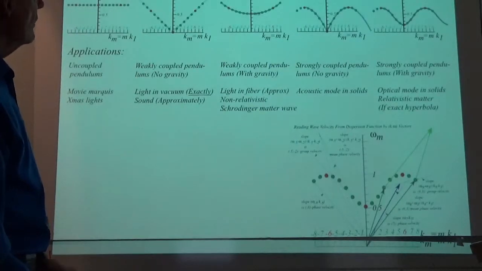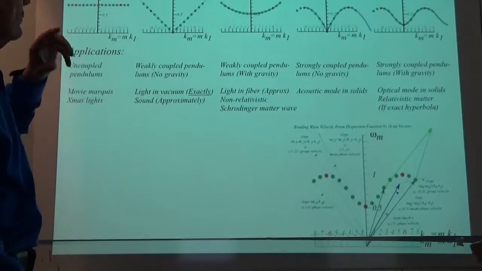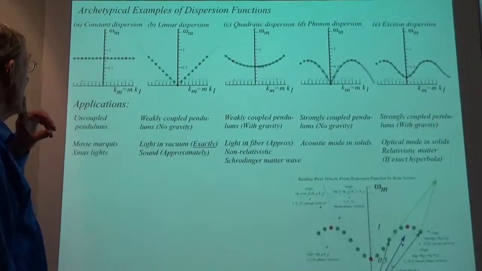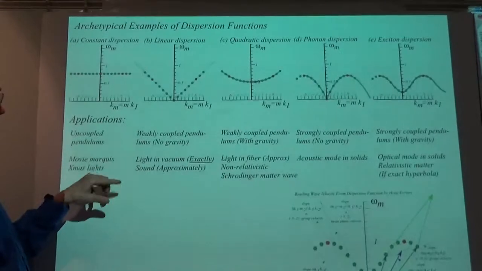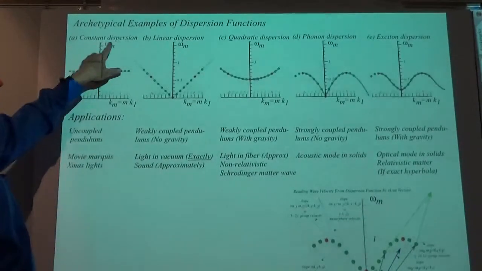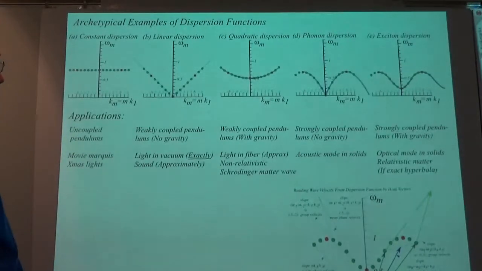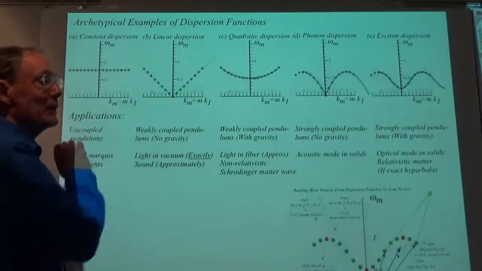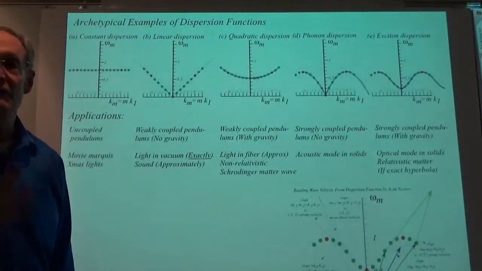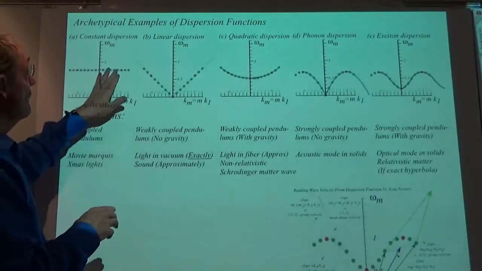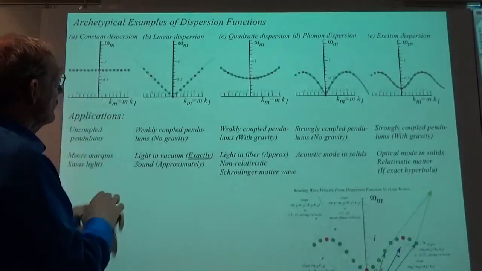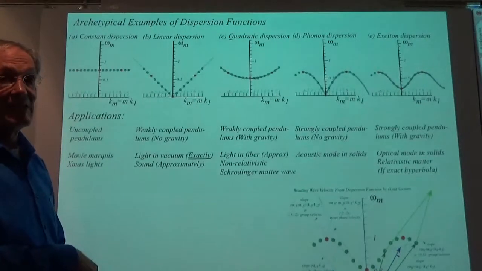But before we do that, let's just go through what kind of dispersion relations there are. This is what I call the movie marquee or Christmas light dispersion function, constant. This means that you've got a bunch of oscillators lined up that all have the same frequency, but some of them have different K values.